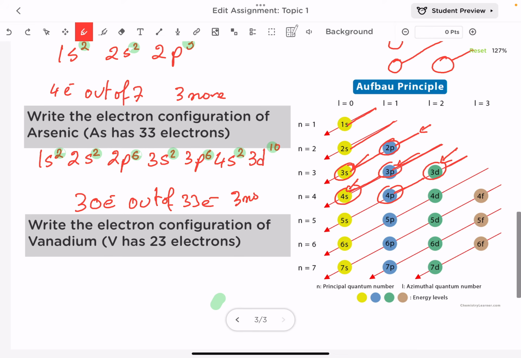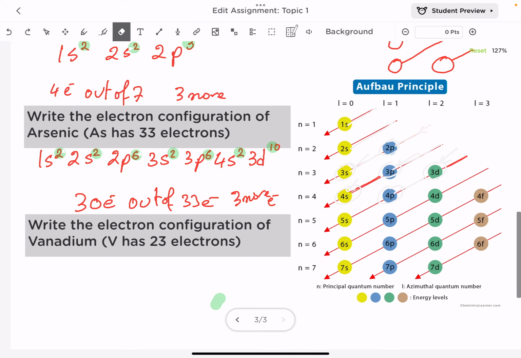So we need 3 more electrons to fill. So after the 3d, I'm gonna move on to 4p. And I only need 3 electrons, so I'll write 4p3.